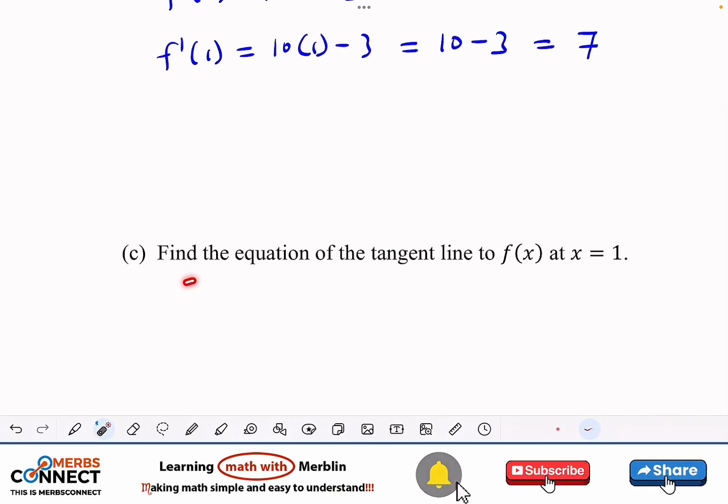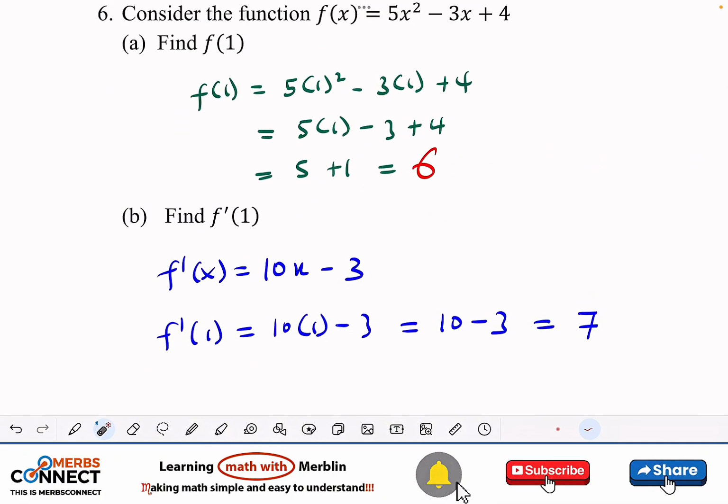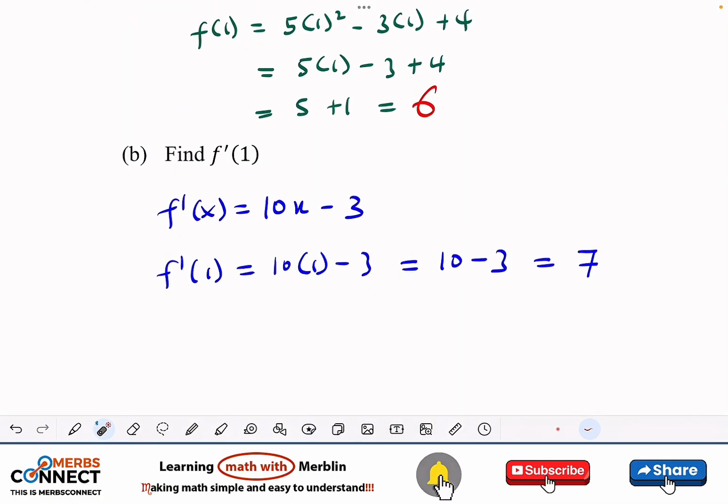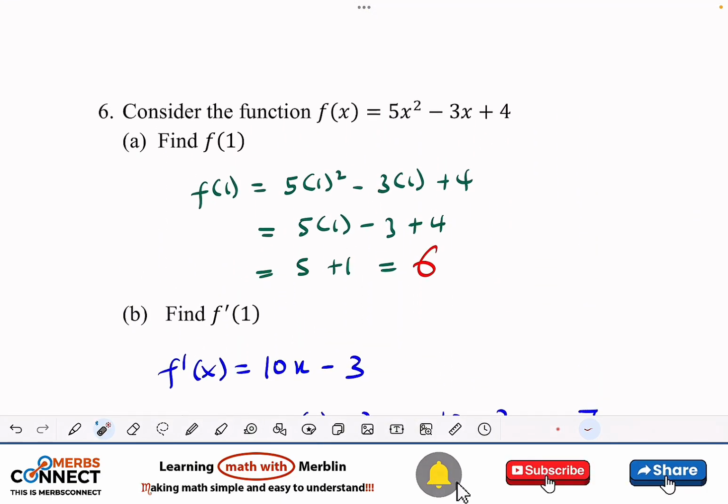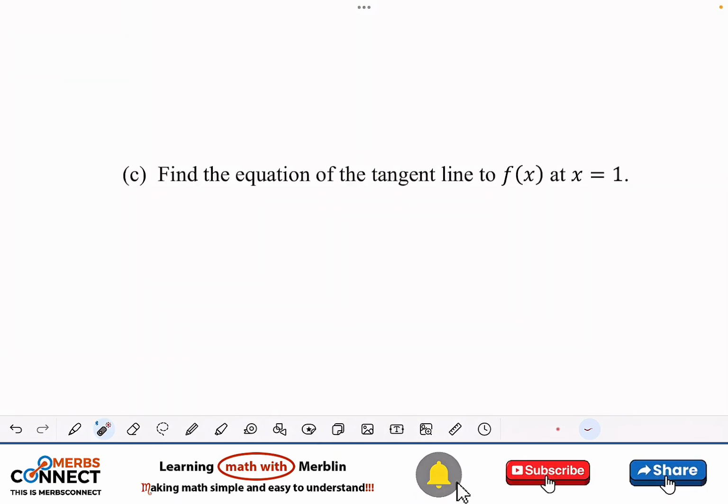Now, find the equation of the tangent line to the function at this point. So, equation of the tangent line, we have so many formulas that we can use, right? But here, what I'm going to use is the one which is in terms of x. So first, I will name this one as x1, which is equal to 1.